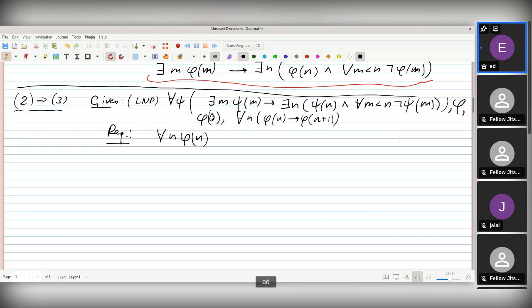Was this transformation clear? I have just assumed that our assumption was true. How can I prove it?